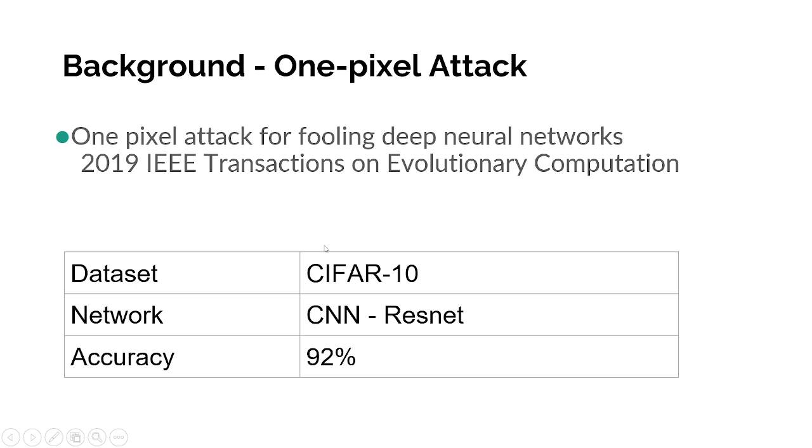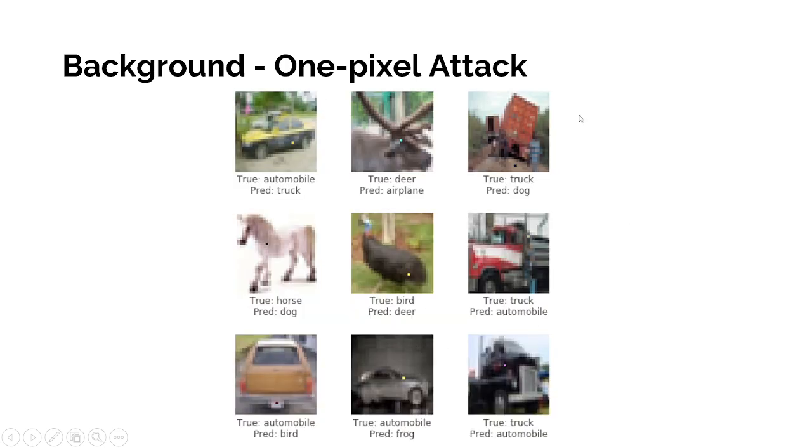The one pixel attack is from this paper, and we have seen the result. We can change only one pixel, and we can make the machine learning model give a wrong prediction.